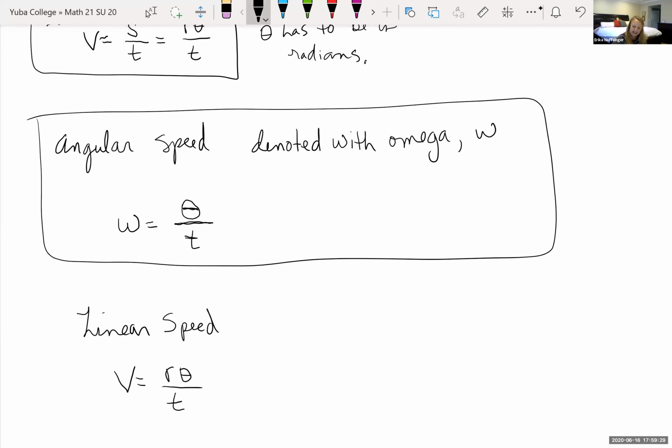Notice that this looks like our omega function. We can rewrite this as r times parentheses theta over t. But by definition, omega, the angular speed, is equal to theta over t. So we can say that the linear speed is equal to our radius times the angular speed.